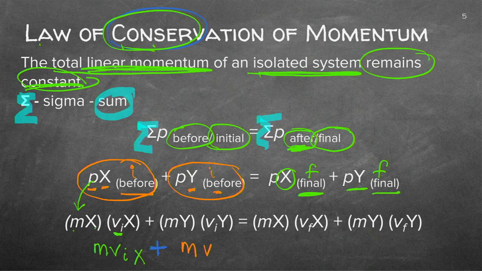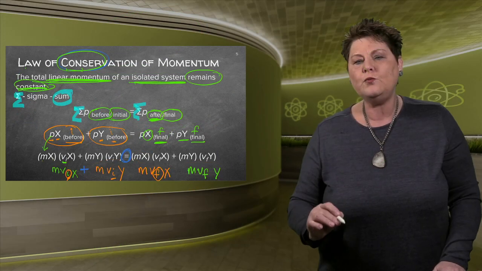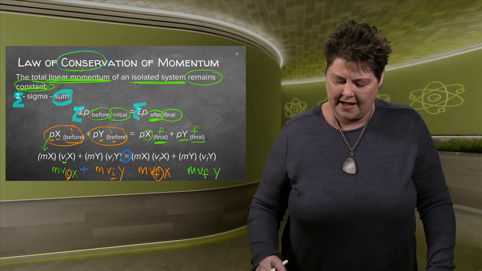Mass times initial velocity of Y. So we've got X and Y and it's in the beginning. This will be equal, remember that equal sign there, to the momentum, we know that, finally of X. So you see there, I had the initial, here I've got the final, plus again the mass times the final velocity of Y. What did we say? It will stay the same.